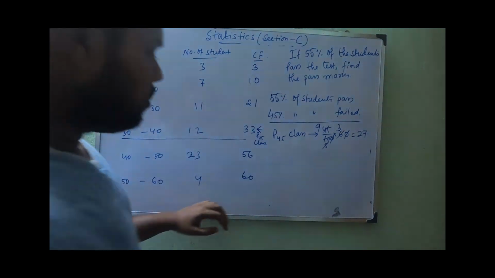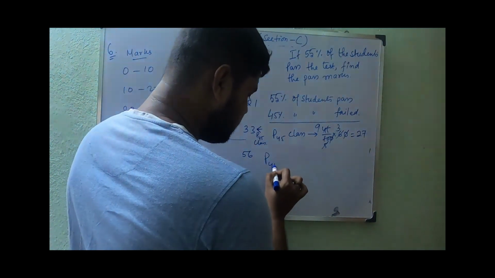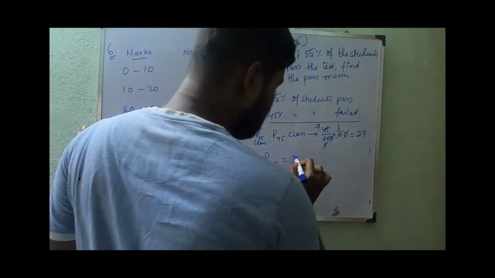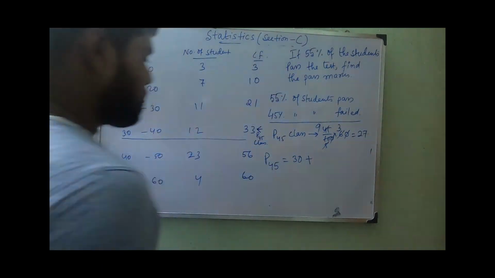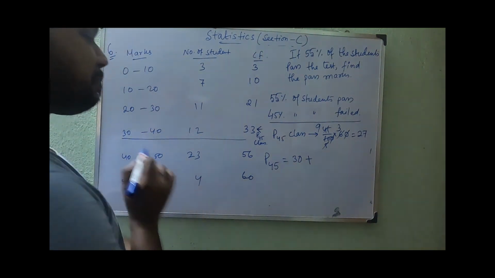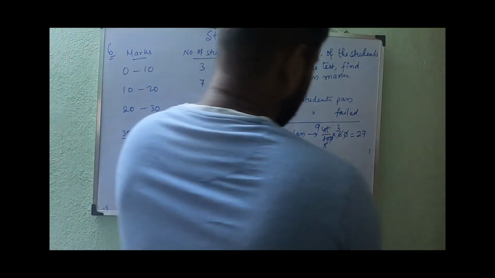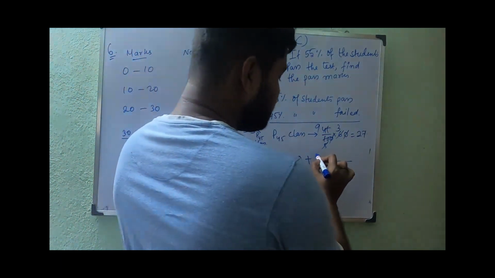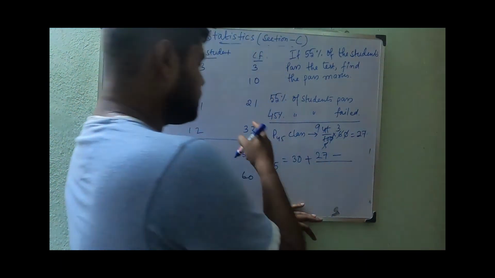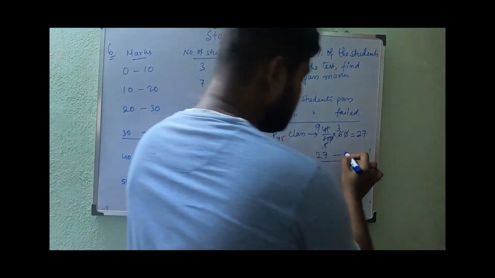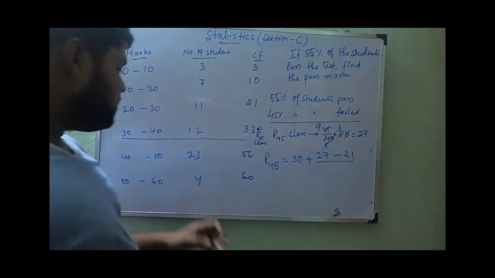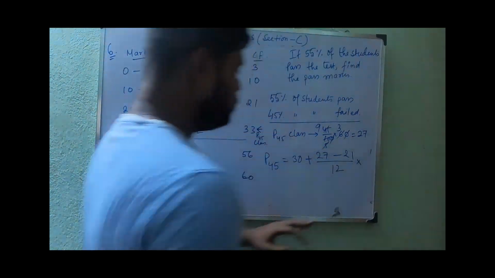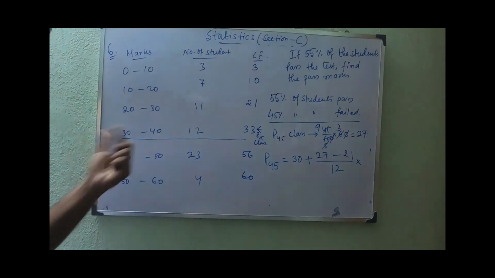Fine. So now let us calculate P45. What is the lower limit? 30, plus (45 by 100 n, that is 27, minus the cumulative frequency above, that is 21), divided by the frequency of the class, 12, into the class width, 10.